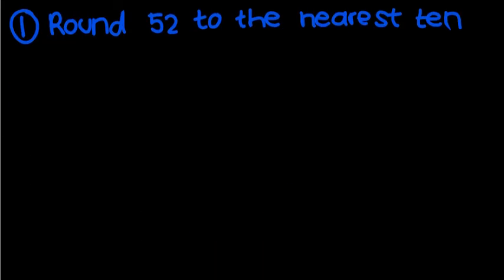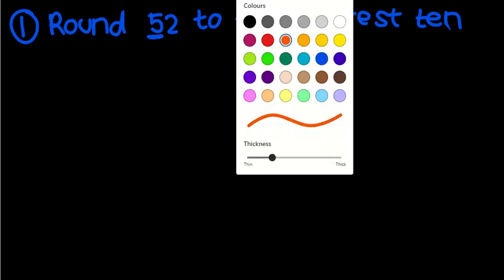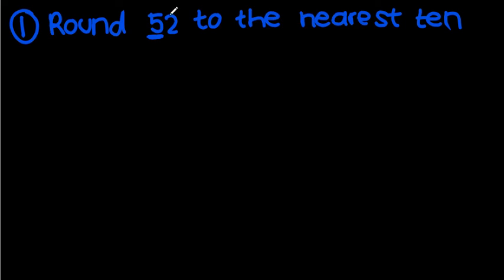So let's look at an example: round 52 to the nearest 10. We are rounding to the nearest 10, so thinking of those columns, we underline our 10, because that's what we're trying to round to. Then we circle the number next to it. We underline the 5, and the 2 is going to tell us if we round up or round down.